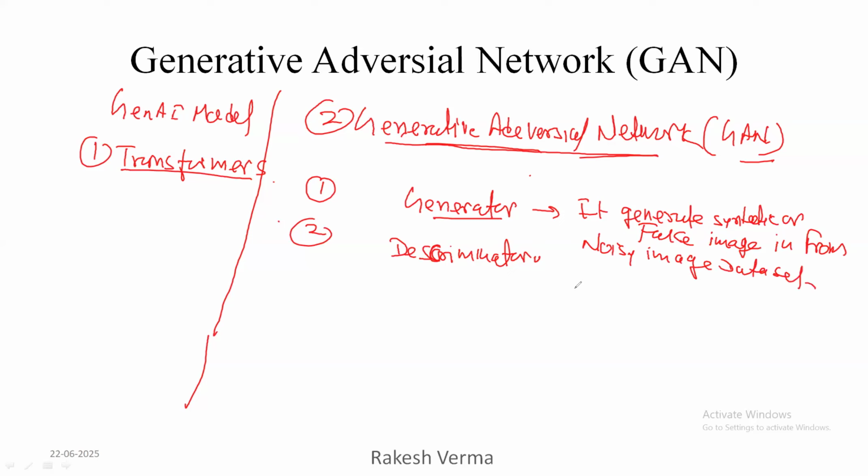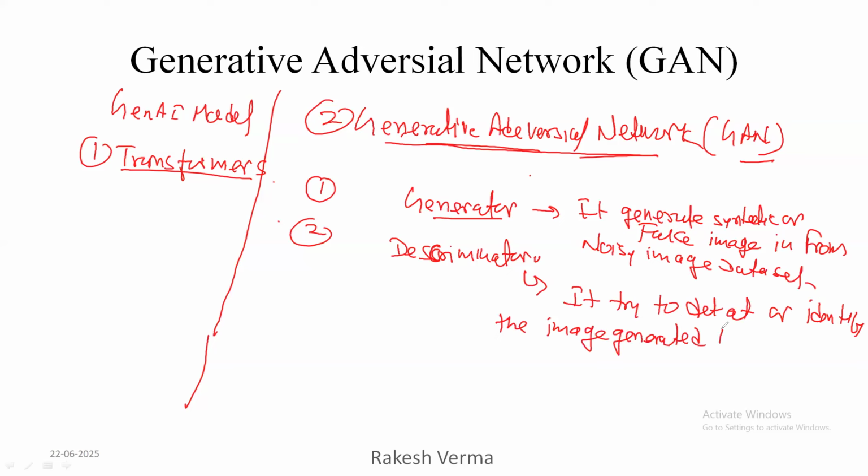And the discriminator tries to detect or identify whether the image generated by the generator is real or not, by comparing it with the original or real image.